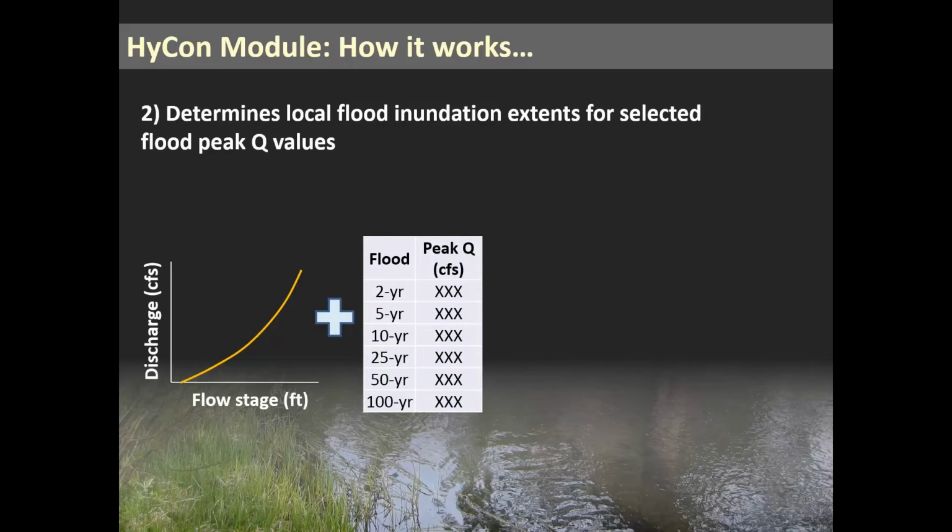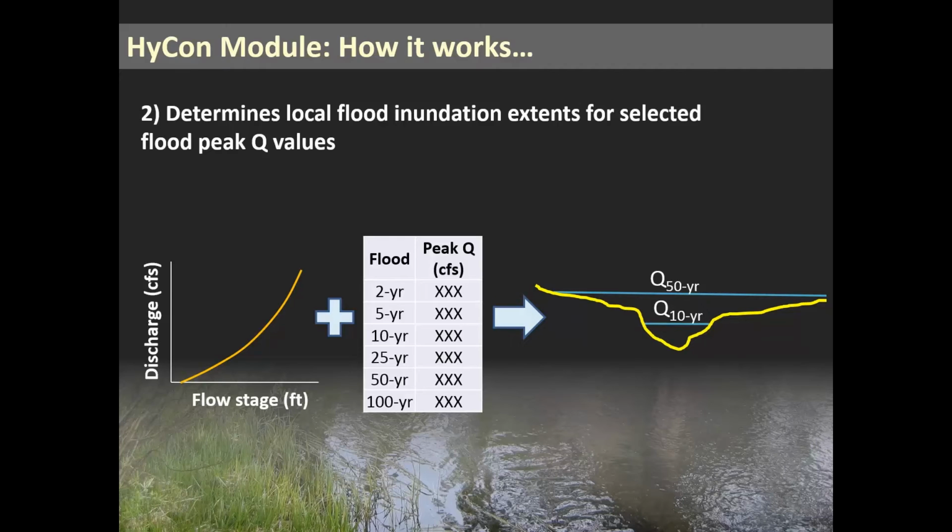So the concept here again: cross-section information along with your rating curve and with flood frequency information, the peak flood values for large floods of interest. We usually think about the 2-year flood to the 100-year flood. With those two pieces of information, the user can then get flooding extent on their cross-section for the large floods.